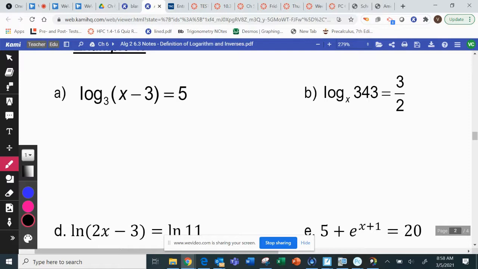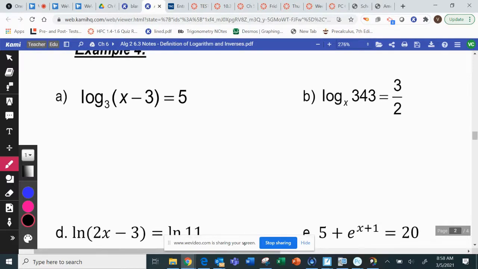Ari, what is the most outer thing in question A that I have to get rid of? It's even outside of the parentheses. The logarithm, that's the first thing I have to cancel out. Get it to the other side. So how do I cancel out a logarithm?